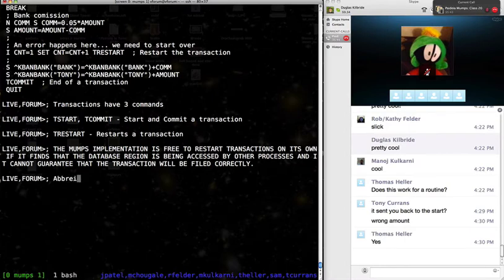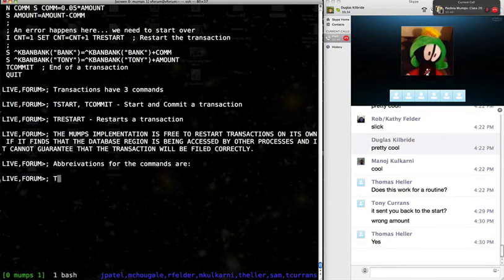So the abbreviations for the commands are TS, TC, and TRE.